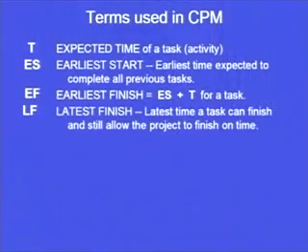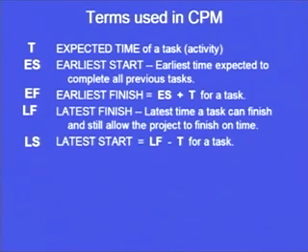So, latest finish is the latest time a task can finish and still allow the project to finish on time. So, the project will finish on the 24th day, 5 days for the last activity. So, the prior activities should finish latest by the end of the 19th day. That is the latest finish time for those activities.